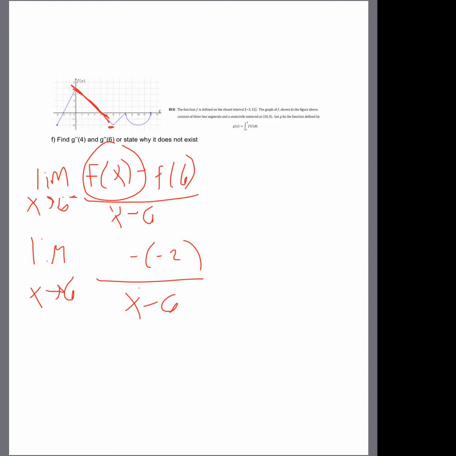And any line can be defined by a function, or by an equation of the line, right? Does that make sense? So what I'm going to do is write an equation of the line for this segment, and plug it in right here into this little star once I get it.